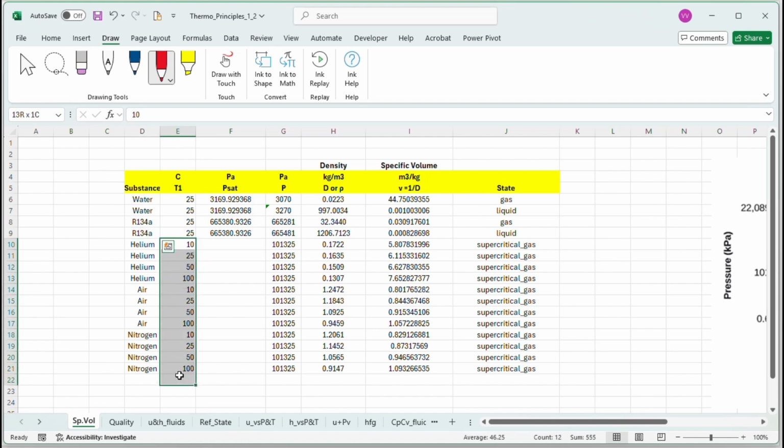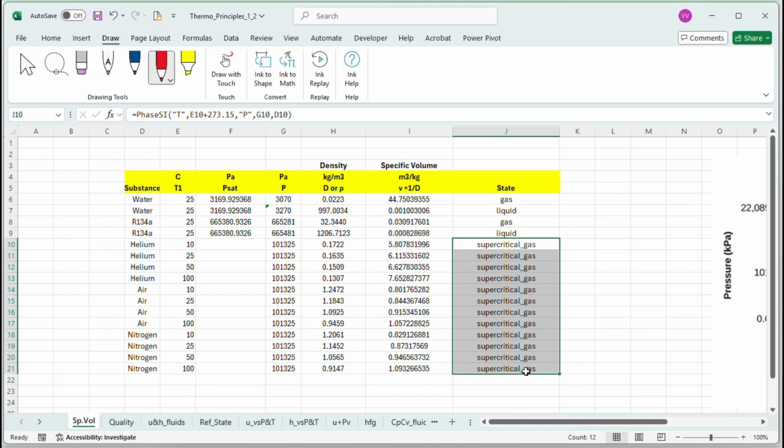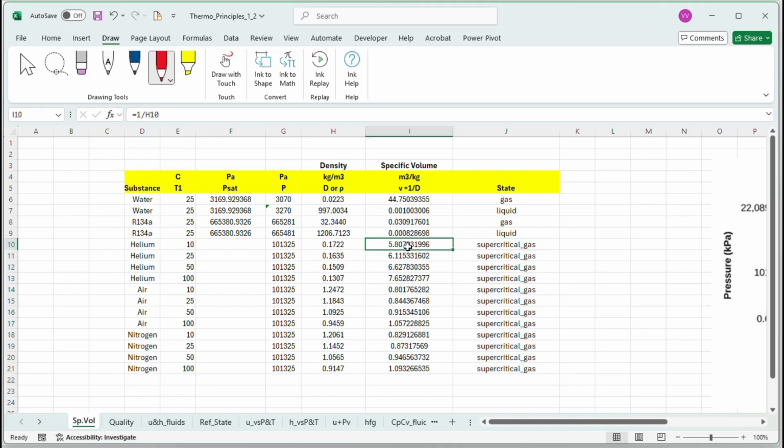So most of the gases that you see around you are supercritical gases. They are under much higher temperatures than their critical temperature. Okay, so their state will be a supercritical gas. So in this case, we are calculating helium's specific volume under several different temperatures.